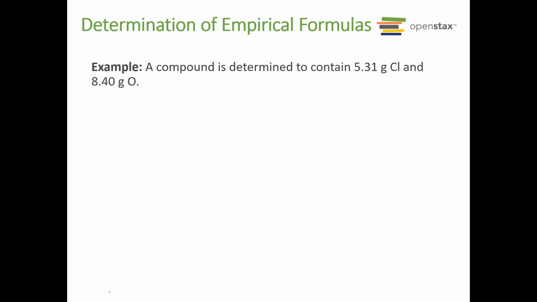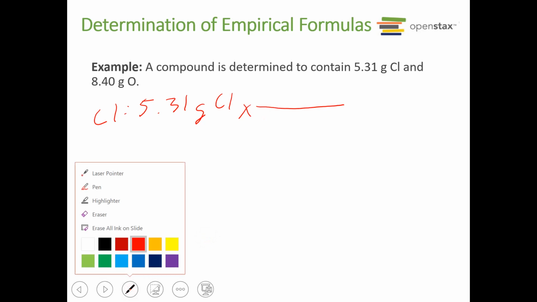We have a compound that is determined to contain 5.31 grams of chlorine and 8.40 grams of oxygen. So if we look at chlorine, we have 5.31 grams of chlorine. And if you look at the periodic table, the molar mass of chlorine is 35.45.